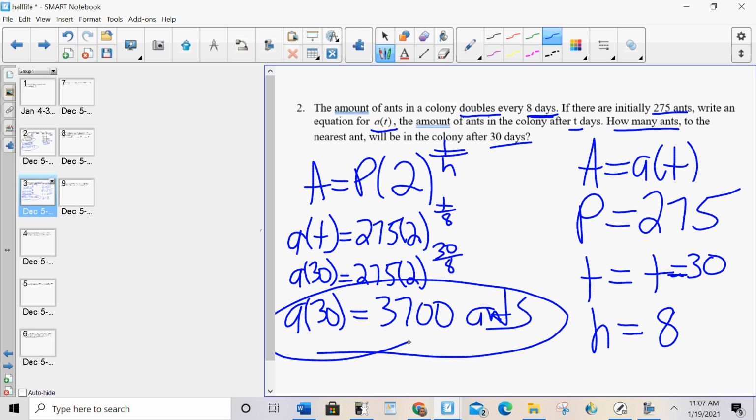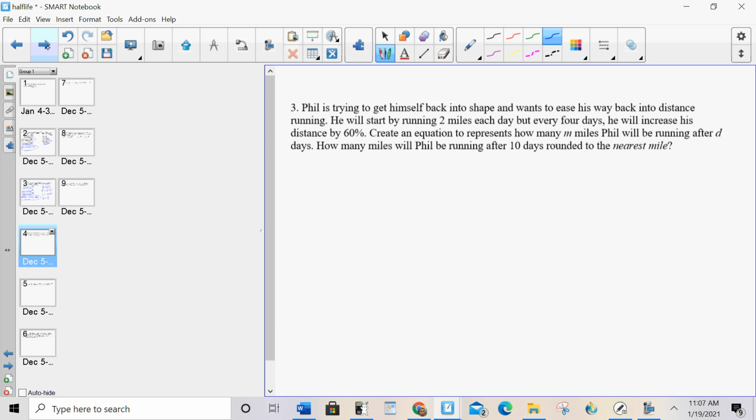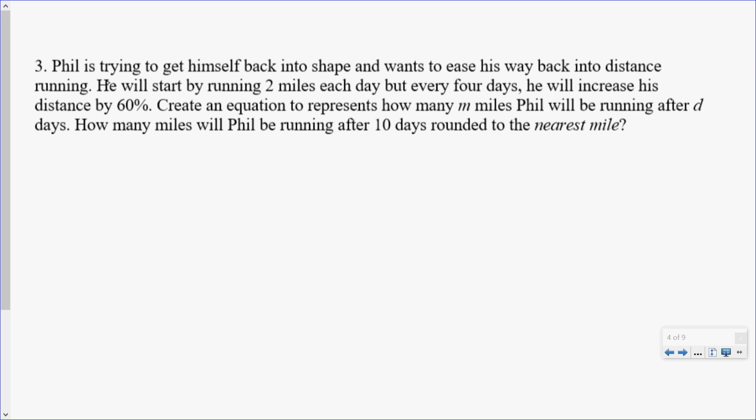All right, let's move on to number 3. Phil is trying to get himself back in shape and wants to ease his way back into distance running. Good for him. He will start by running 2 miles each day, but every 4 days he will increase his distance by 60%. Every 4 days he's increasing by 60%. That is an irregular amount of time.